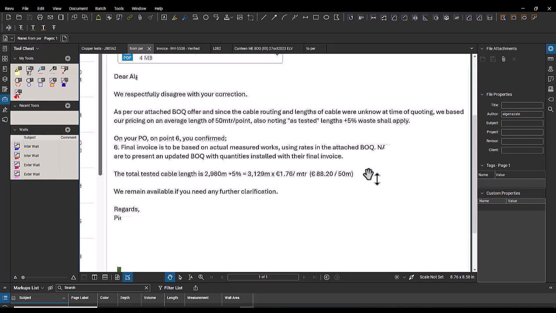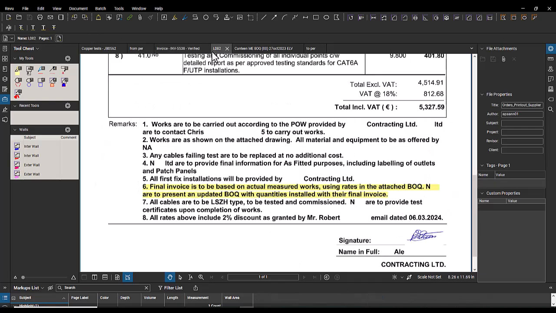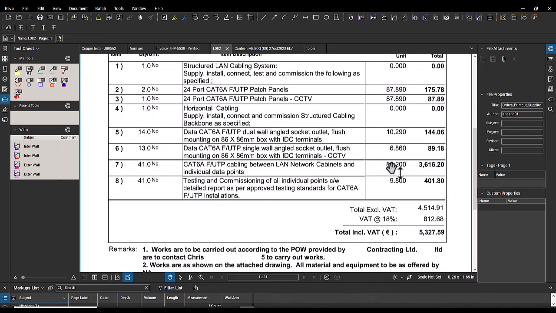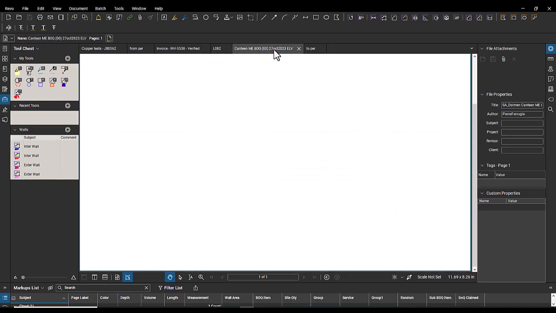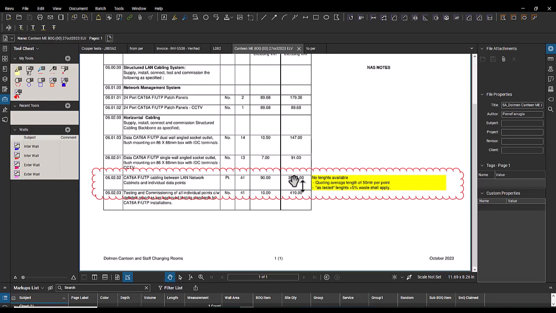So what can you say about this one? Do you think it's the same? He's getting the unit rate of this one. He tried to change the rate. I don't agree that he is changing item 7, because since we are saying in the BOQ that this rate is based on 50 meter per point, he has to submit for me.